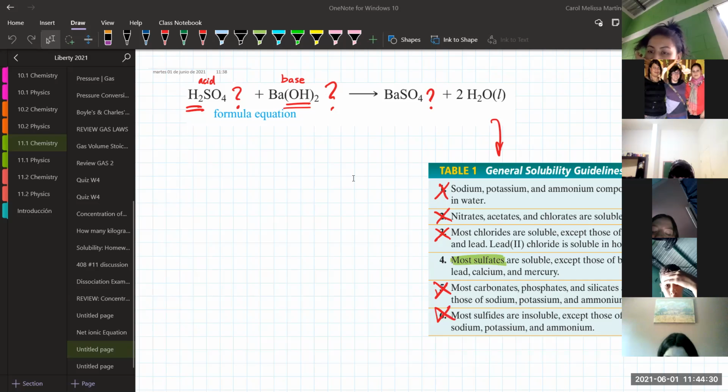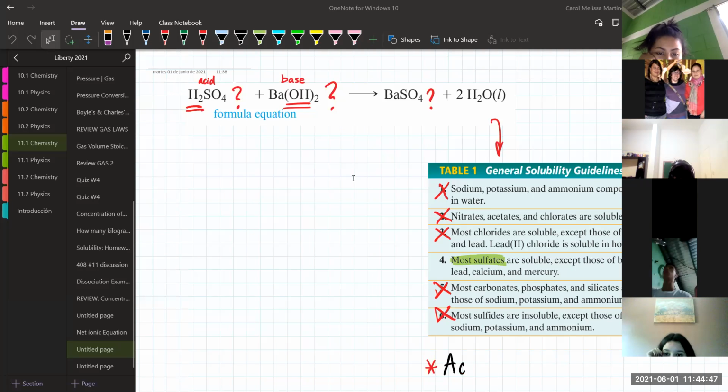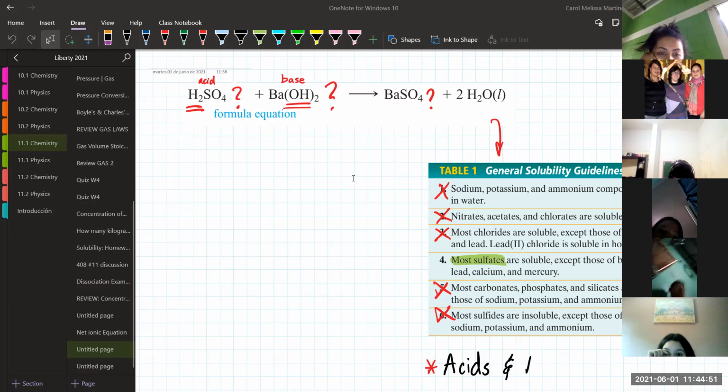So, in the table of solubilities, you cannot define whether they are solid, liquid, gas, or aqueous solution. So, for you to know, maybe I want to write this too. Acids and bases are AQ, always.